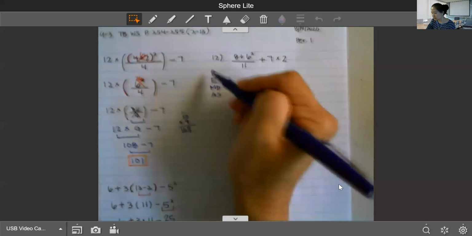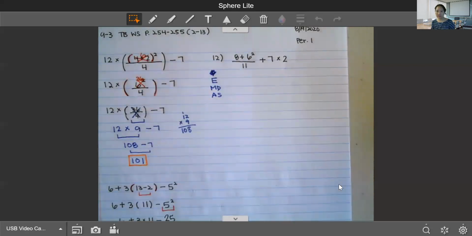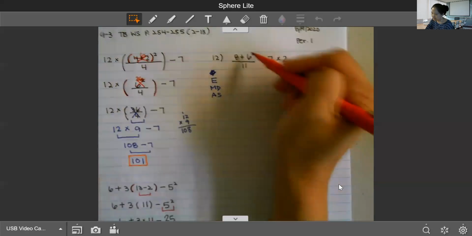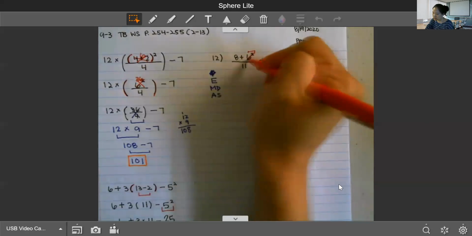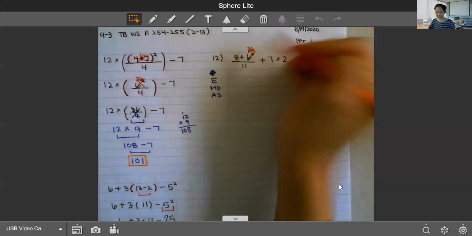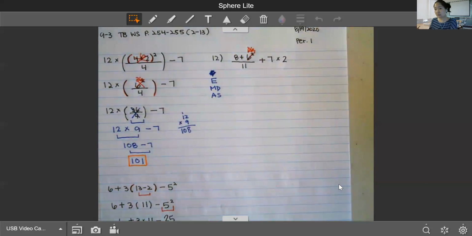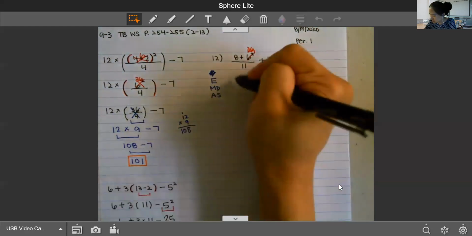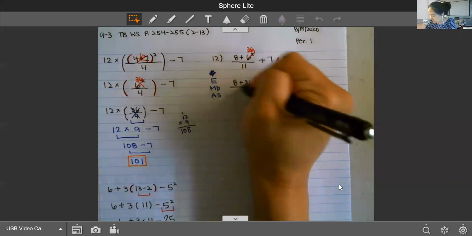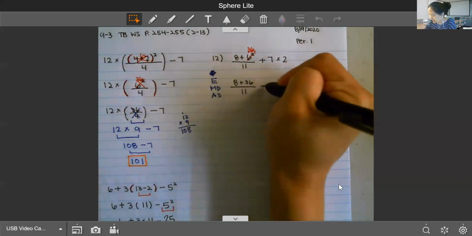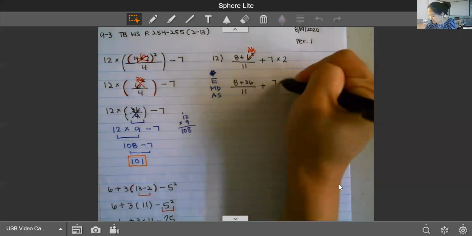That means I don't even have to worry about that. But the next part, do I have an exponent? I do right here. I have 6 to the second power, which is 36. So then I'm going to rewrite the problem with that 36. So 8 plus 36 over 11 plus 7 times 2.